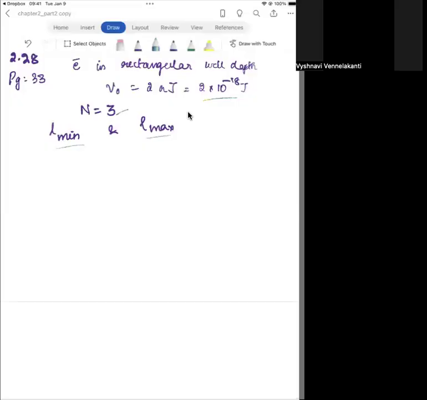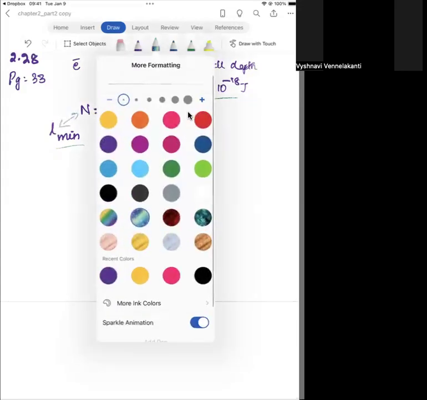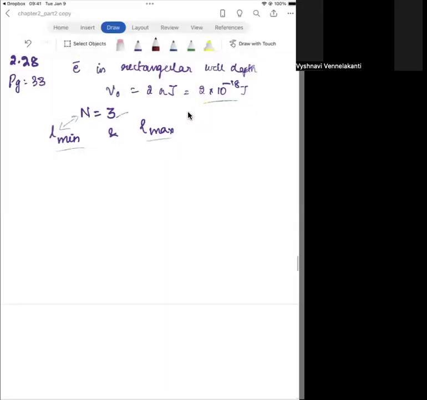Let's see what the connection is between the width of the well and the number of bound states.